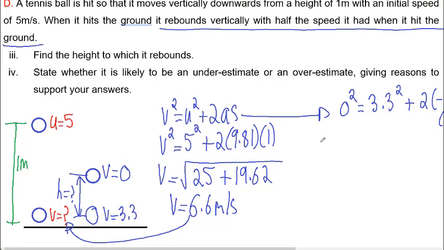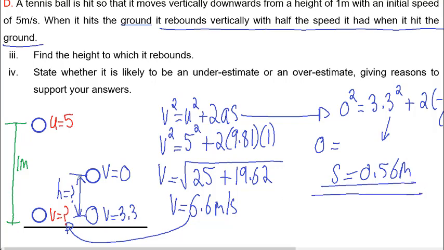Now, we have 0 is equal to, plug all these numbers in. Once you've plugged them all in, divide both sides by everything and move that to that side, do what you have to do in terms of algebra, and you will find an s value of 0.56 meters. So that is the total height that it reaches there.